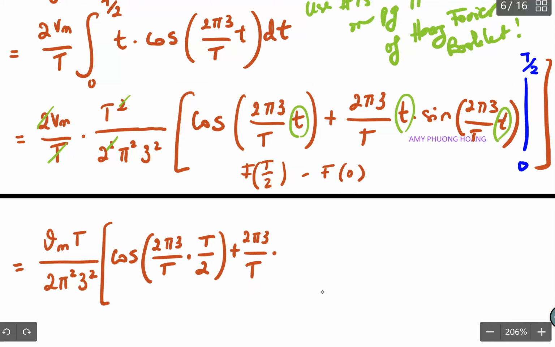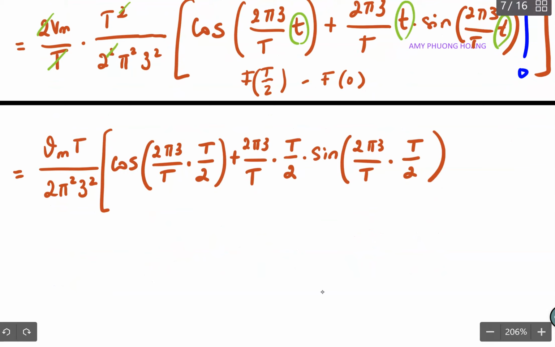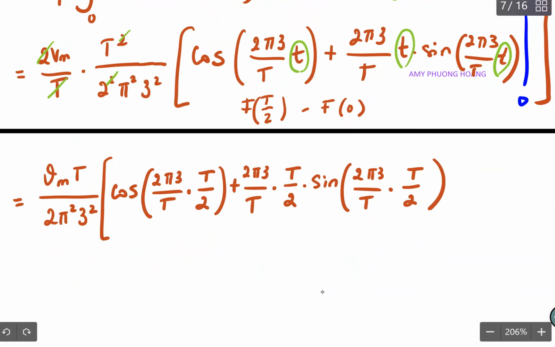Now I will add that with 2 pi 3 over T, where the t I substitute with T over 2. I multiply this with sine, and inside the argument of this we have 2 pi 3 over T, and again I substitute the t with T over 2. This is only taking care of the very first part of the fundamental theorem.